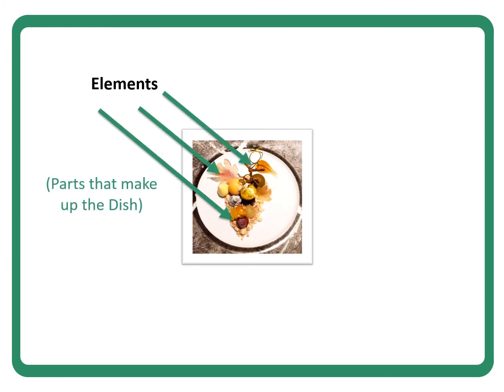So here's the dish we have to make. And if you like, the elements are the parts of this dish. So all the little elements of this dish are, in the end, what we have to be able to prove somebody can do. And the performance criteria will give us the conditions, if you like, of how we're going to judge the success.